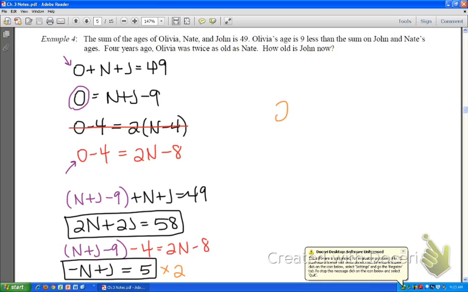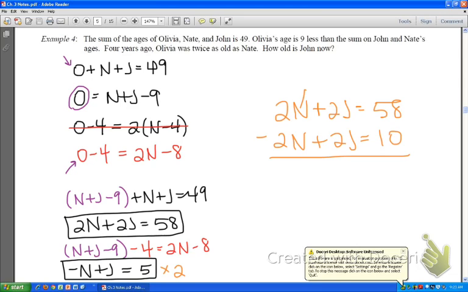I'm just going to copy down that first equation because I've decided I don't need to change anything on that. So 2n plus 2j equals 58. The second equation we're multiplying by 2, so I'll have negative 2n plus 2j equals 10. That's nice. These eliminate. I get 4j equals 68, or j equals 17.